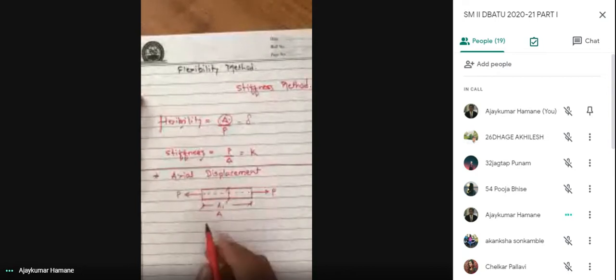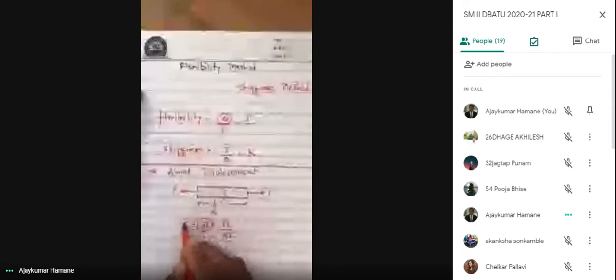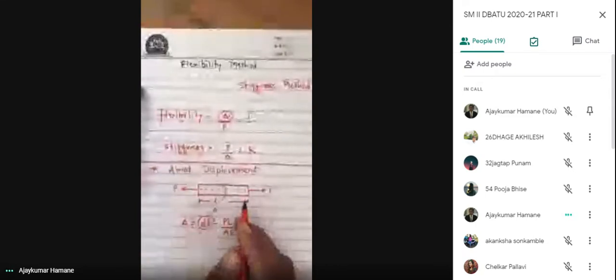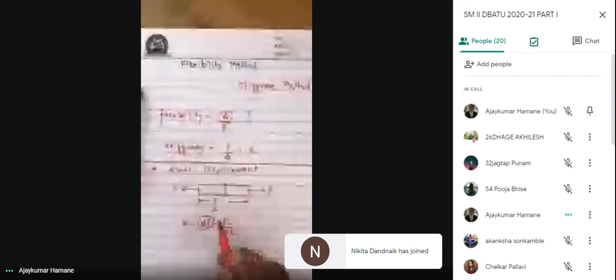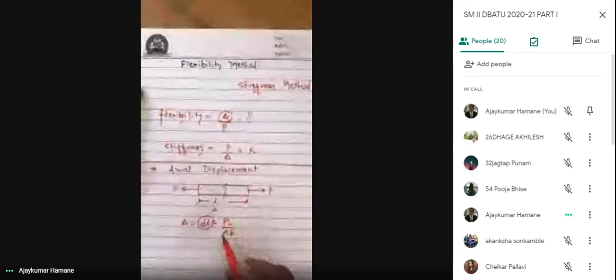We know the change in length equals PL upon A. That is what is called the displacement when there is an axial force.